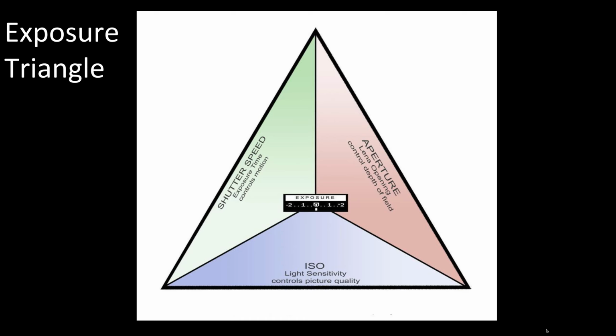And if you've never heard that term exposure, it's basically the camera allowing a certain amount of light to hit your sensor. And that's controlled by three things, as you can see in this diagram. It is the aperture, the ISO, and the shutter speed. Those are the three things that determine what your exposure is going to look like.